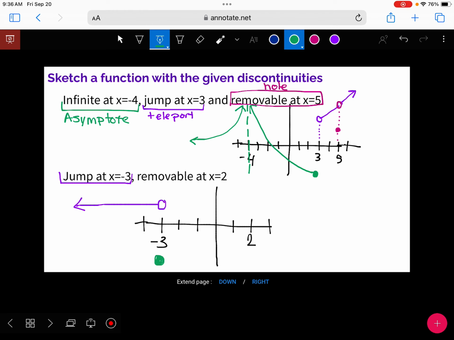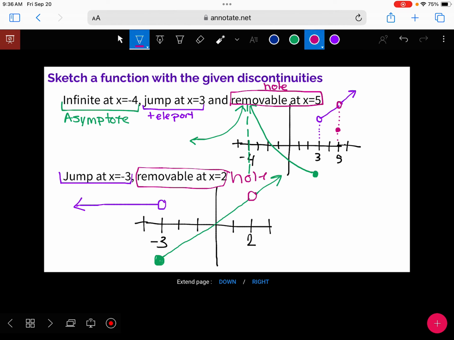And maybe we have a linear function. And it's going to go and go and go until somebody stabs a hole, removable discontinuities, that's the hole, at x equals 2. And then this would continue on. Oftentimes when we have a removable discontinuity, we will have another point if it's piecewise. If it's not piecewise, it's just going to be a hole.